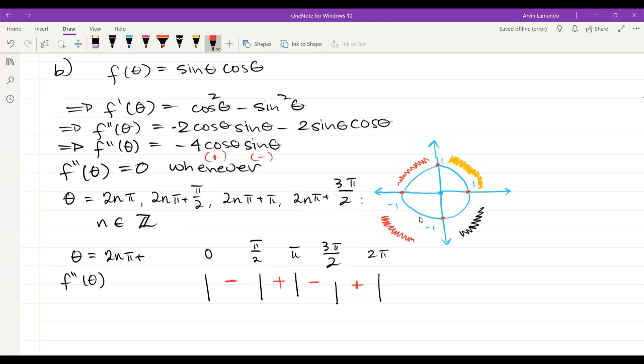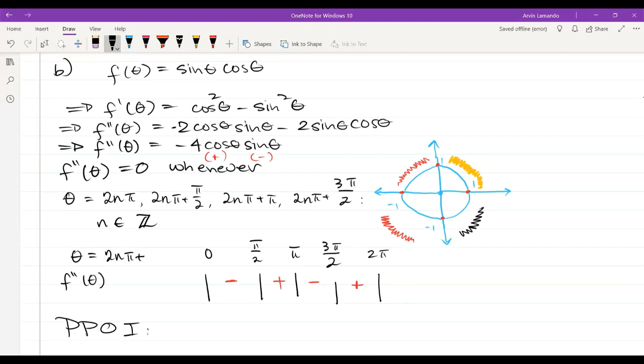Okay, as we can see, whenever theta passes through 2n pi plus 0, pi over 2, pi, or 3 pi over 2, the sign of f double prime of theta changes. Therefore, all of them are actual points of inflection of f.